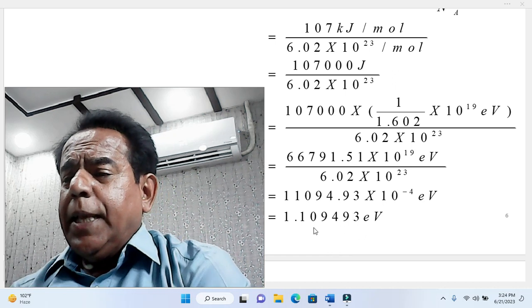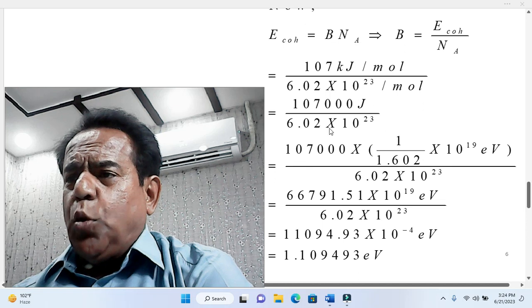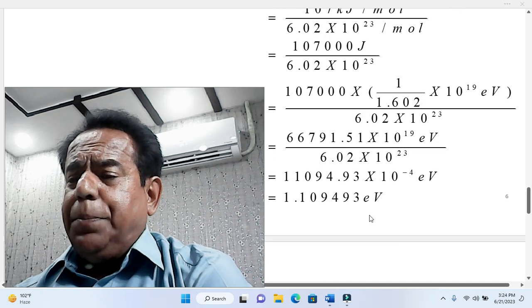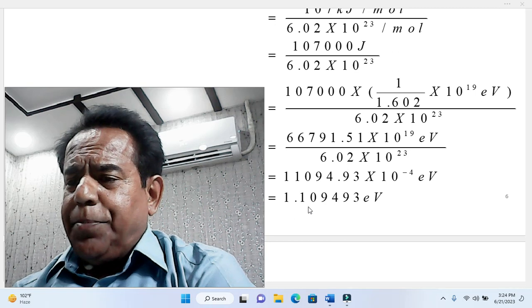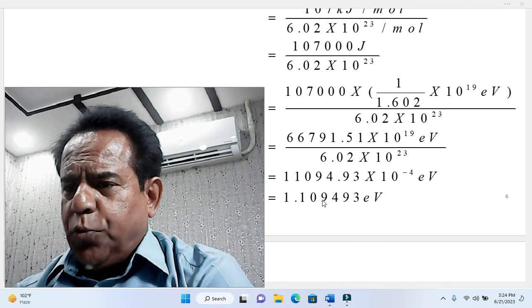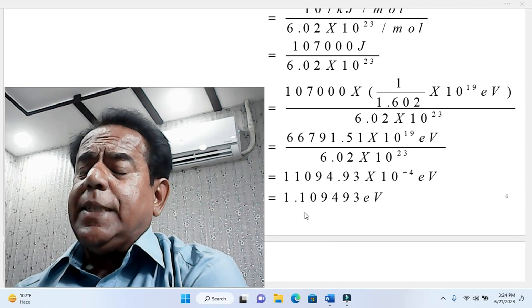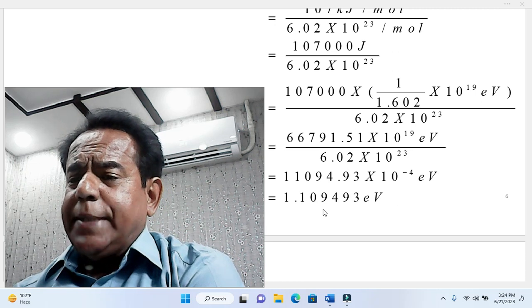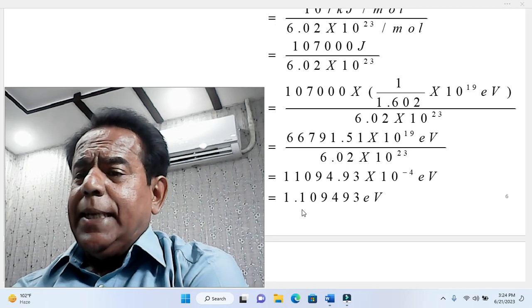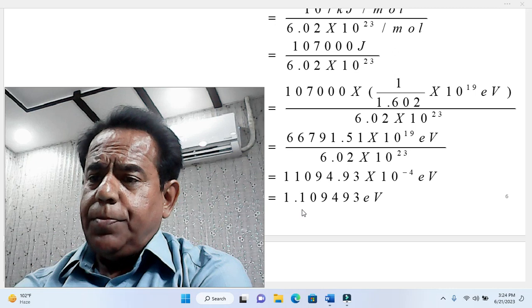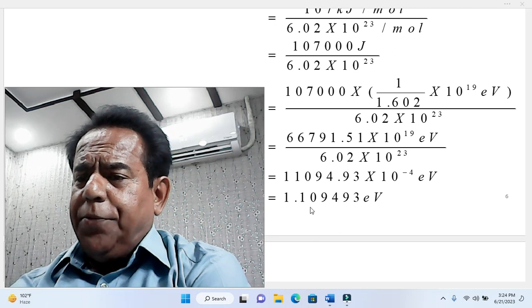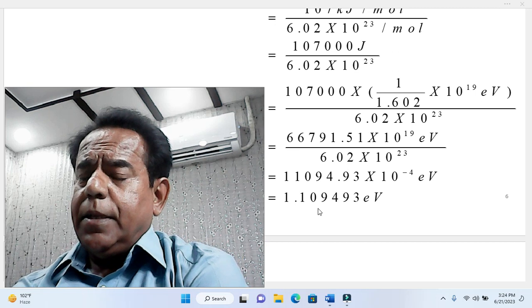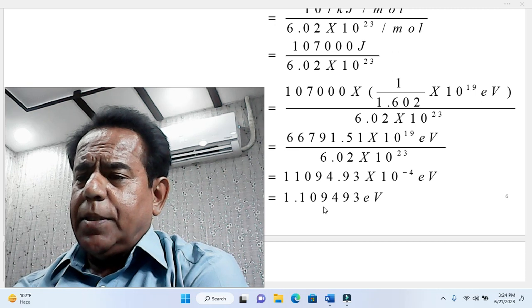Okay, dear students, here the value of binding energy B can be taken as rounded, as in place of 6 decimal places, we can write it as 1.11 electron volt.